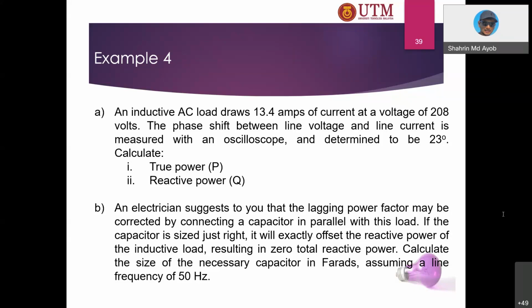The amount of current that is equivalent to the DC current. Because right now AC is periodic, so we want to see what is the effective value of that AC current that will produce the same amount of power as in the DC circuit.